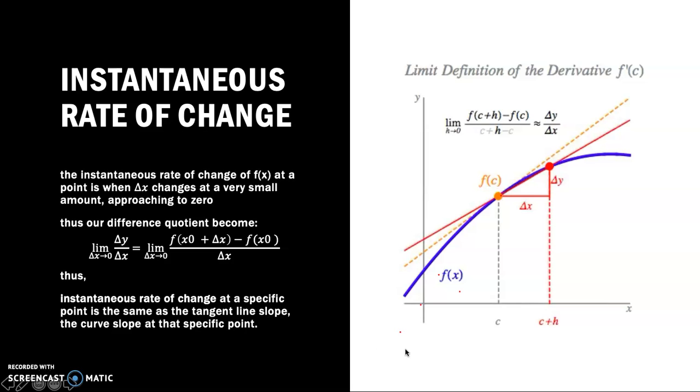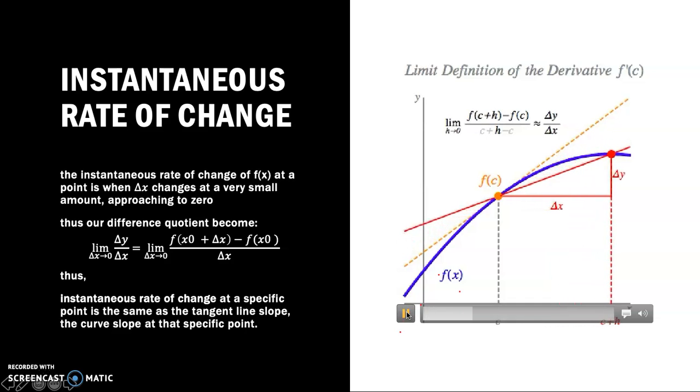This graph shows you, just like what we have discussed before, that when delta x is large, this is the slope that measures between 2 points. And so what is an instantaneous rate of change? It's when delta x is approaching 0, very small, like here. Got it? So delta x is very small.